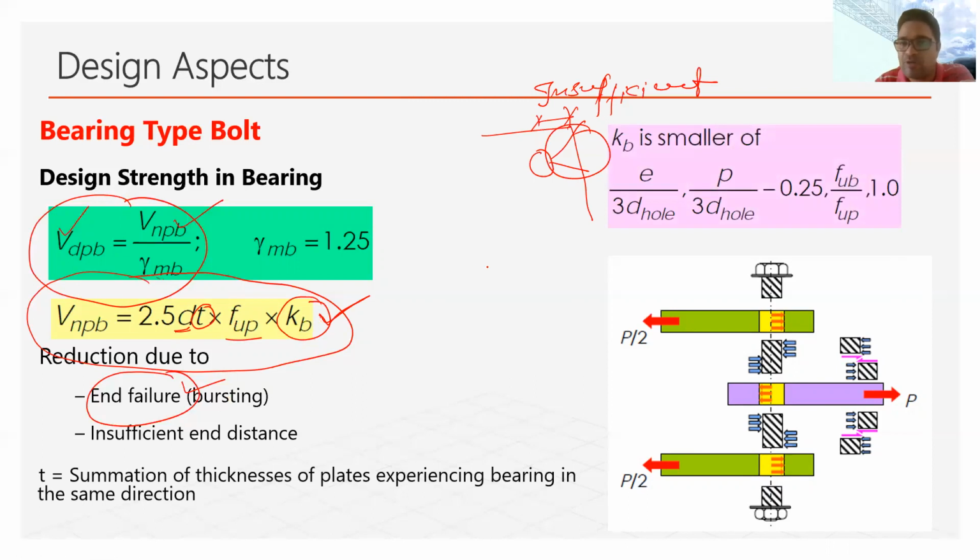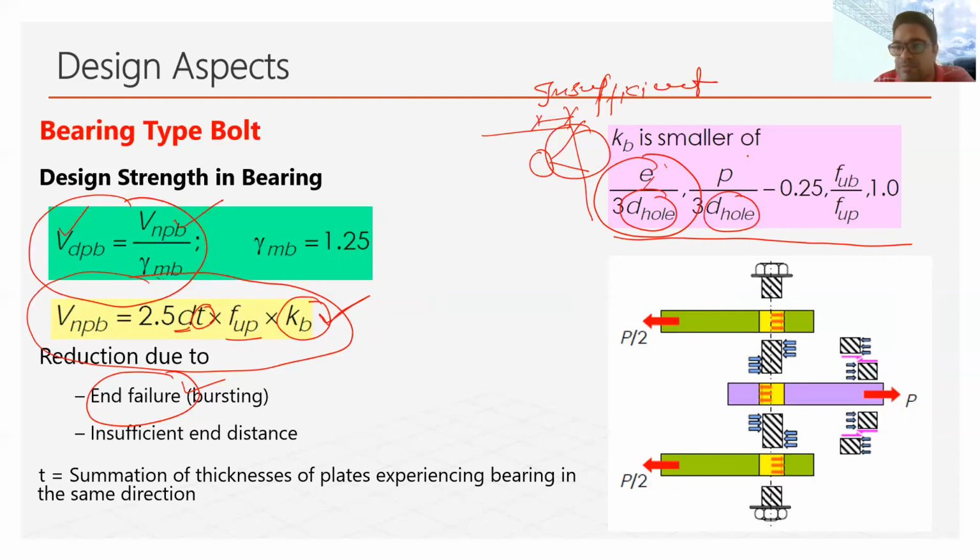Kb can be calculated using these four values. I mean, it will be compared with these three or four values. One is e by 3 d hole. d hole means the diameter of the hole, the hole which is there in the plate. This diameter of the hole will be larger than the diameter of the bolt, as I already mentioned.